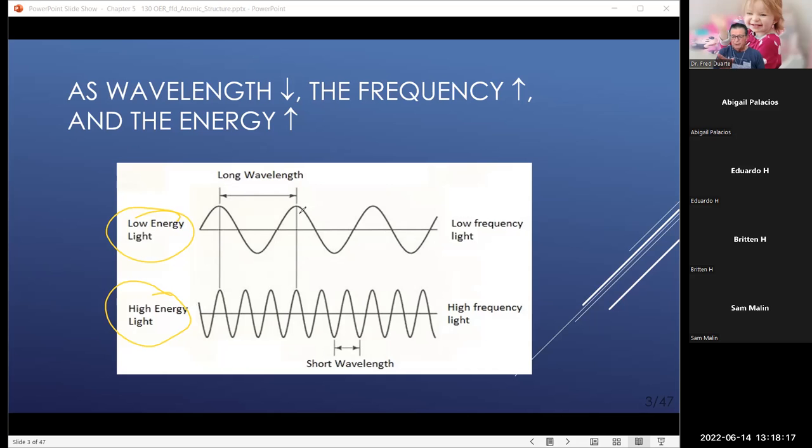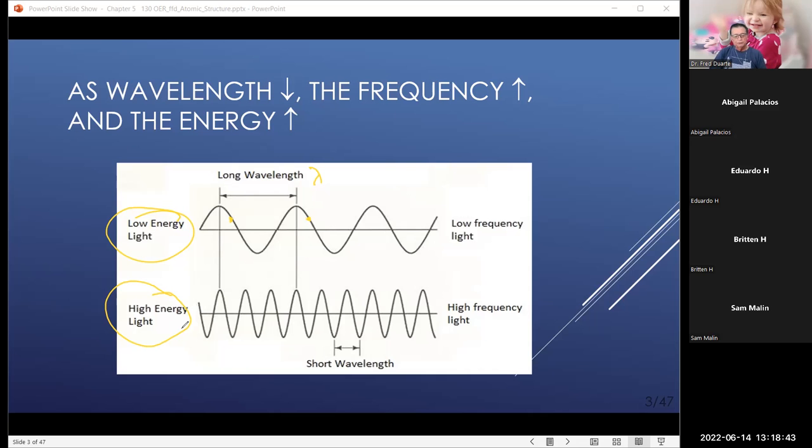It doesn't have to be from hill to hill. You can go from trough to trough, or any point to the same point on the next wave. Whether it's the top of the hill or the bottom, that distance makes no difference. That represents the wavelength, lambda.